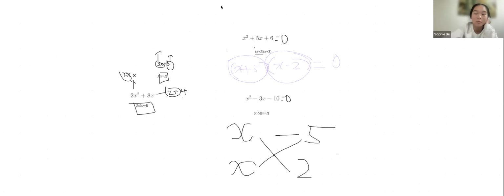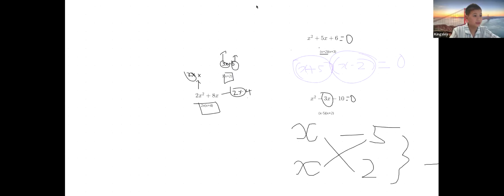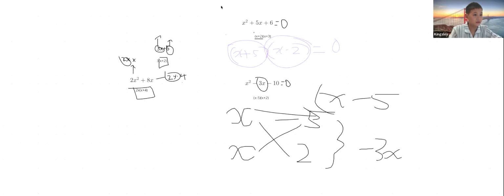And then it's 2x and -5x, and you add them together, and if it equals the middle number here, like -3x, then you can use it going this way. So it's x minus 5 and x plus 2.